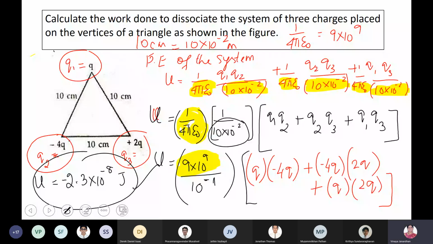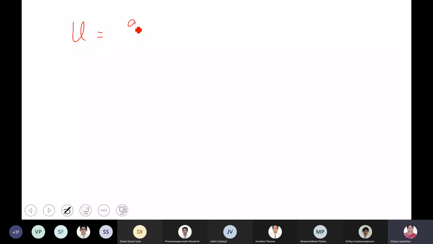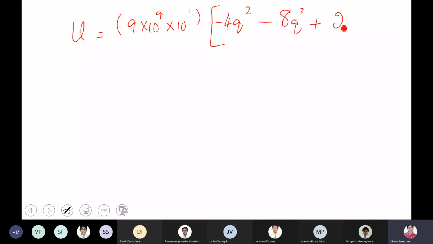What was your answer for this expression? U is equal to 9 × 10 to the power of 9. Then what is the first term? Minus 4Q squared. Next term, minus Q squared plus 2Q squared. So what is that? Minus 10Q squared.